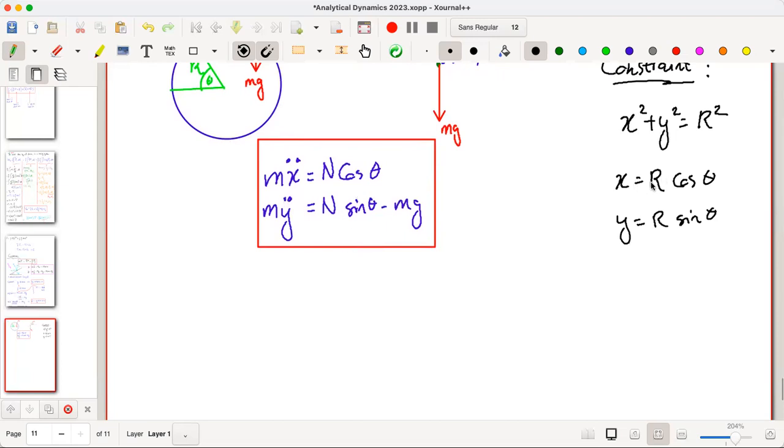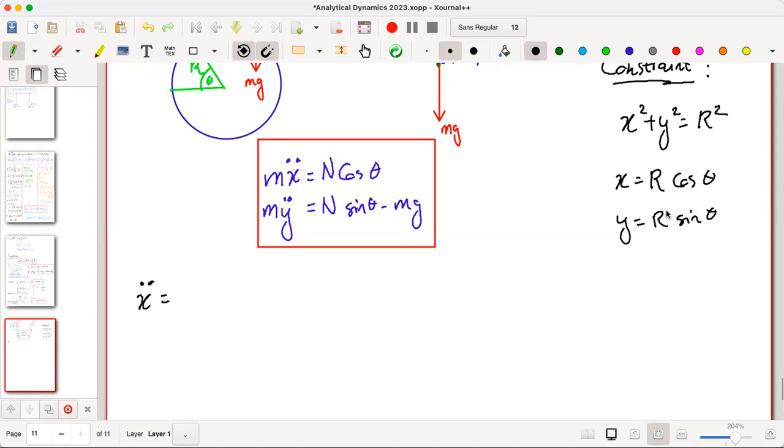Now the variable is theta. r is constant, so theta is the one that is a function of time. When you take x dot you have minus r theta dot sine theta.